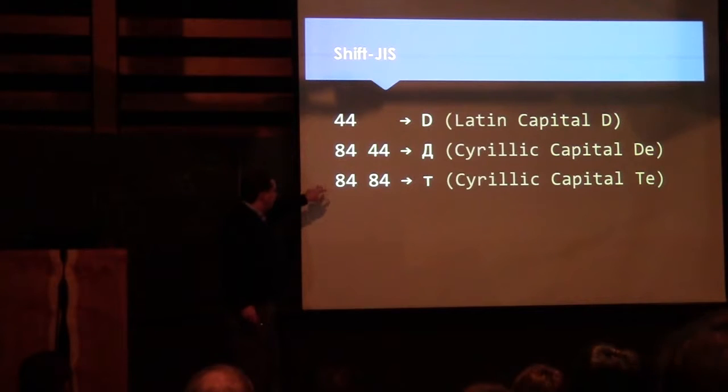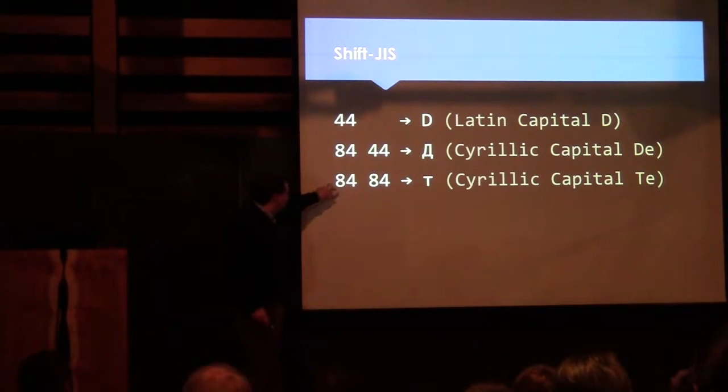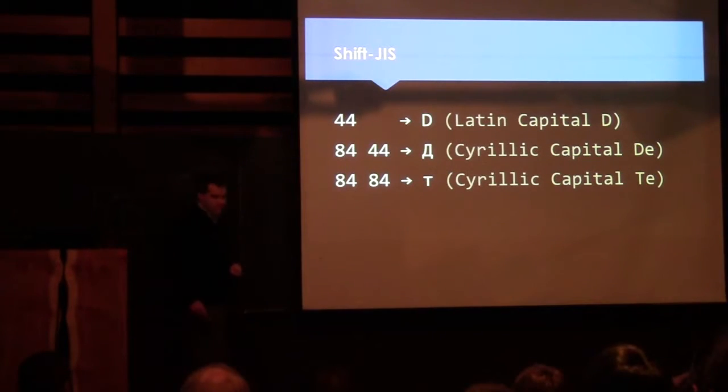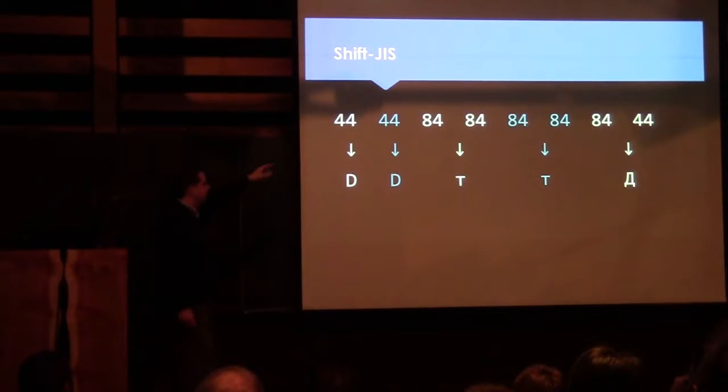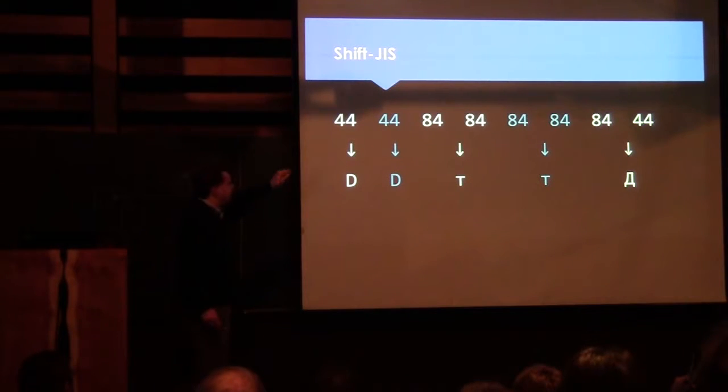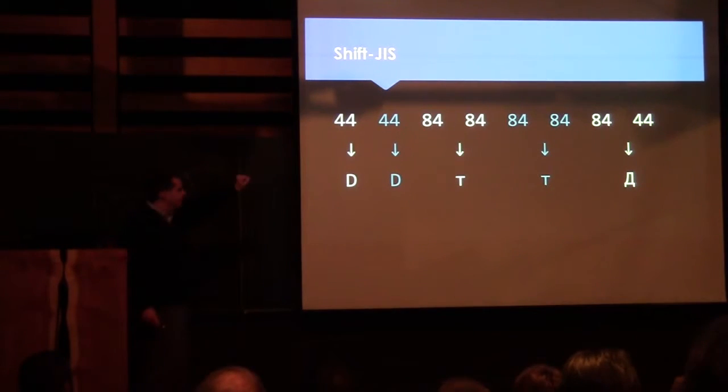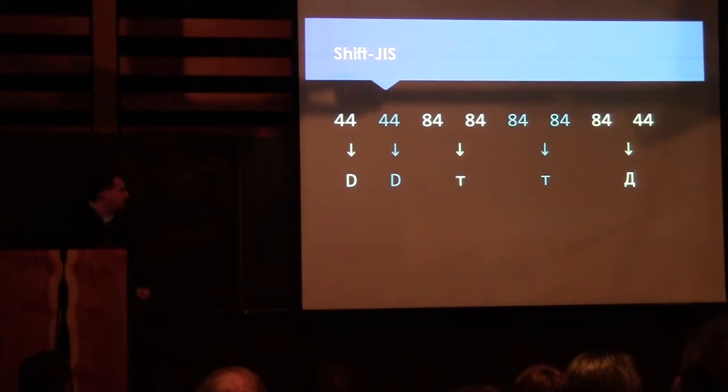And to represent this other Cyrillic letter, it'll start with an 84, and then the next byte will also be an 84. So when you're decoding a sequence, we come across a 44 and we map it to D, and then we come across another 44 and we map it to D. We come across an 84, we know that that's a lead byte, so we combine it with the next byte to form the next code point.